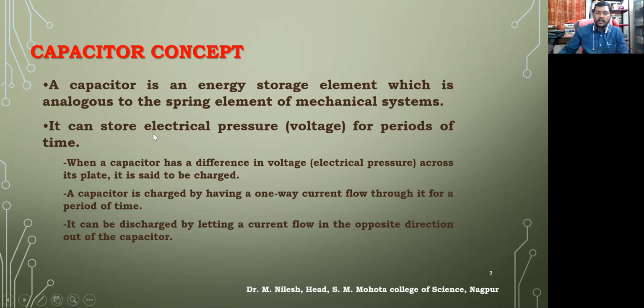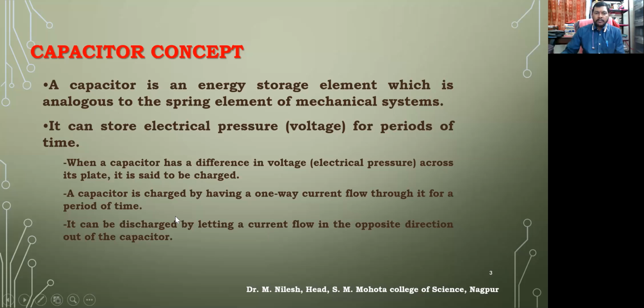When a capacitor has a difference in voltage, electrical pressure across its plates, it is said to be charged. As I told you, when we compress a spring like this, this is the pressure that we have built, and that is called charge. And when we release it, it is called discharge.